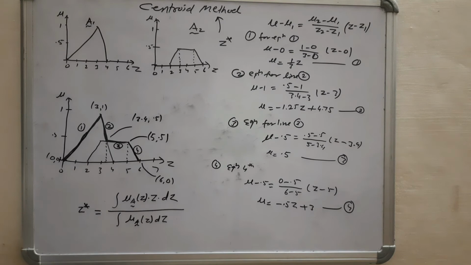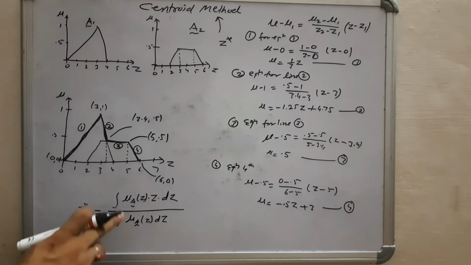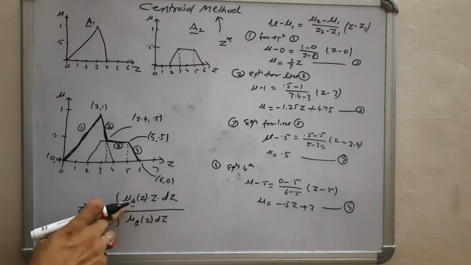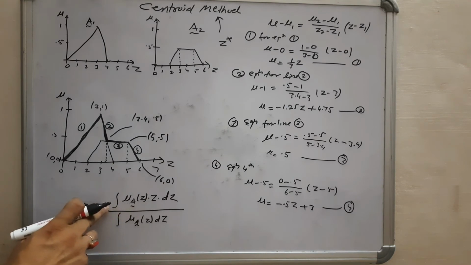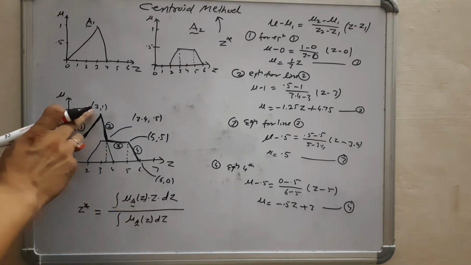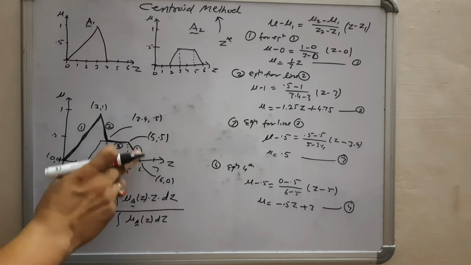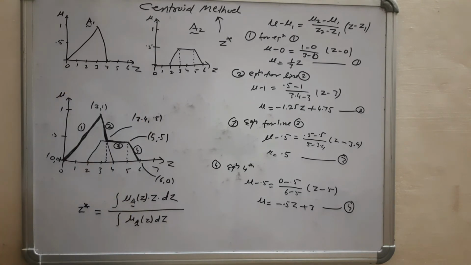This is the formula for obtaining the defuzzified value. Now we have to put all these line equations in this formula with these limits: 0 to 3, 3 to 3.4, then 3.4 to 5, and 5 to 6. So let's proceed further.